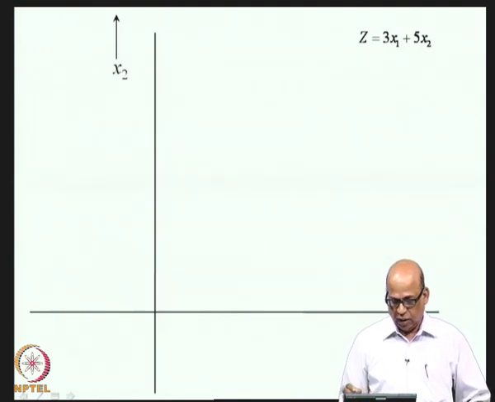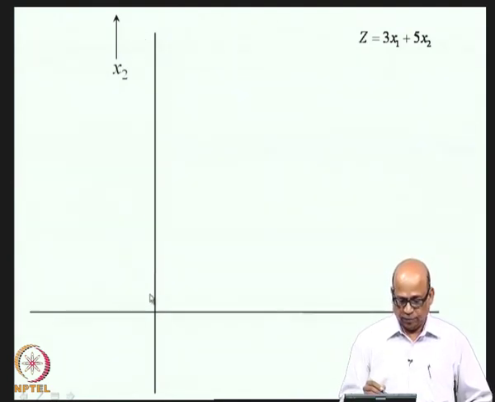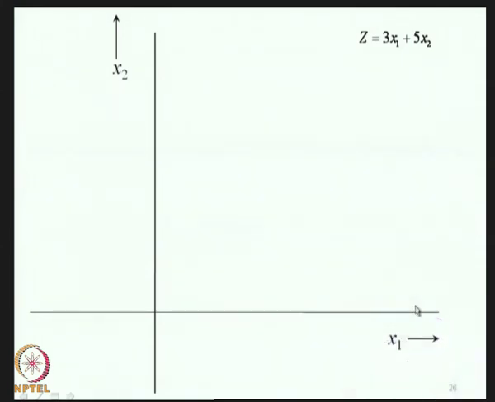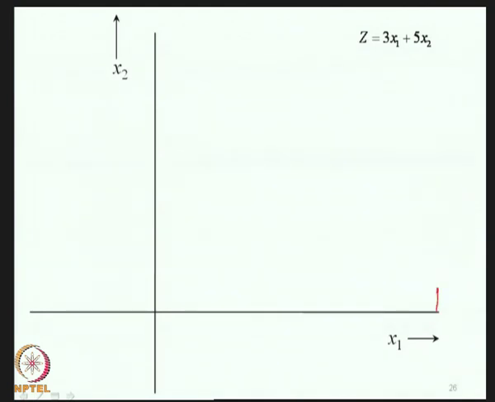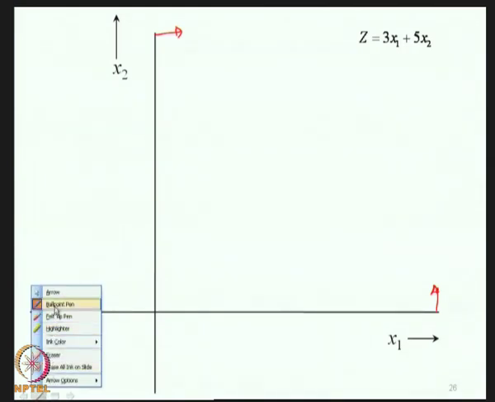This is the x1 axis, this is the x2 axis, and because x1 is greater than or equal to 0, I am looking at this region, and because x2 is greater than or equal to 0, I am looking to the right of this axis. Therefore, the solution lies in the first quadrant.